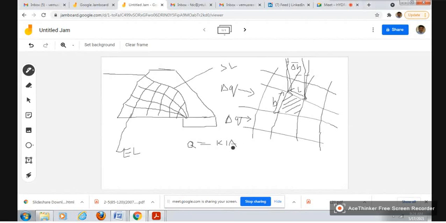So in this case, how can you write it? Delta Q is the discharge passing through one flow channel. So in our case, delta Q is equal to K, and what is I? I is the hydraulic gradient, delta H by L, right?